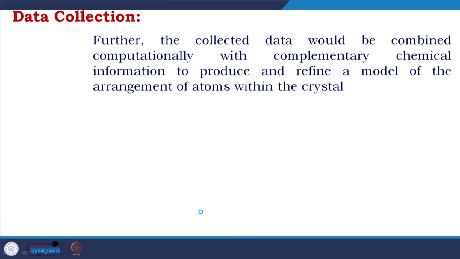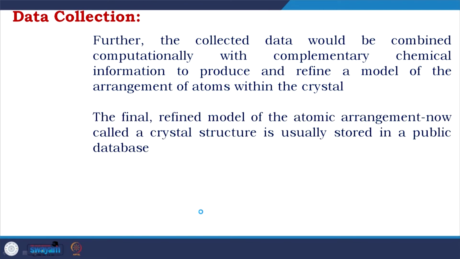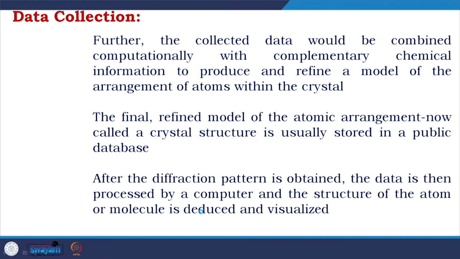Further, the collected data would be combined computationally with complementary chemical information to produce and refine a model of the arrangement of atoms within the crystal. That is the further process, and the final refined model of the atomic arrangement, now called a crystal structure, is usually stored in a public database.